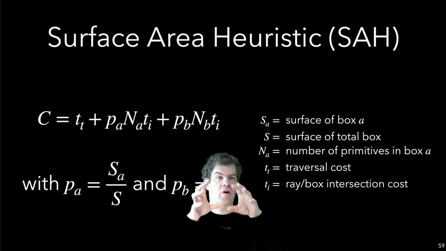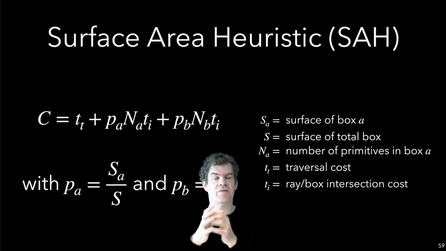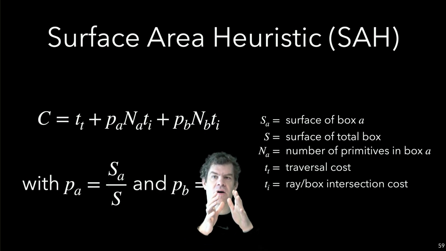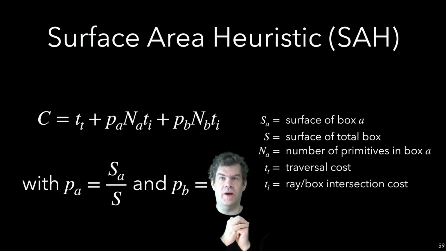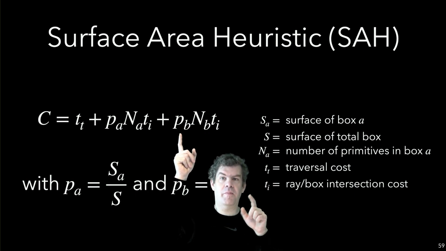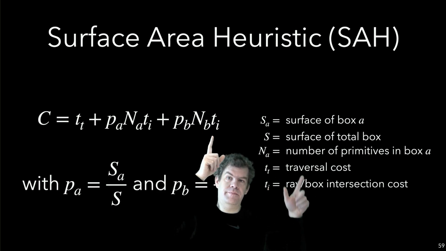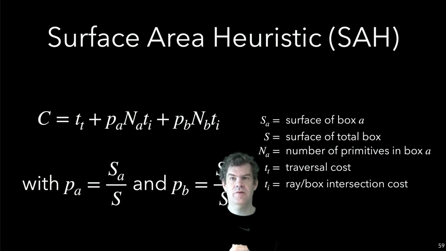This is kind of a constant work that I have to do inside that tree cell. And then I might also have to go the other way, and the other way is the probability that I go in the other direction times the number of objects times, again, some intersection cost.